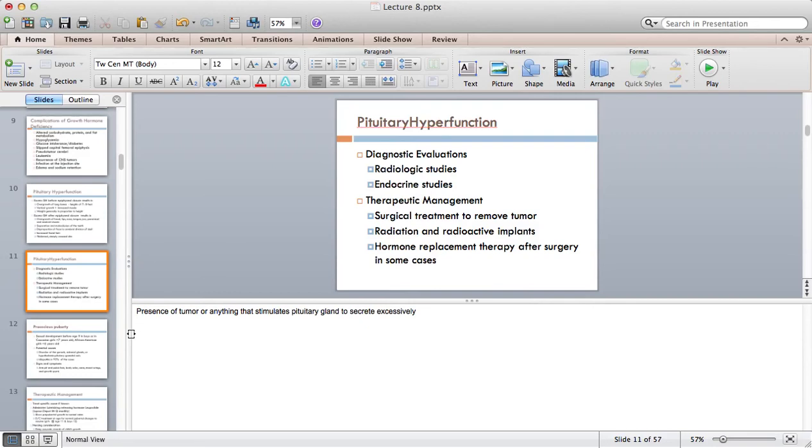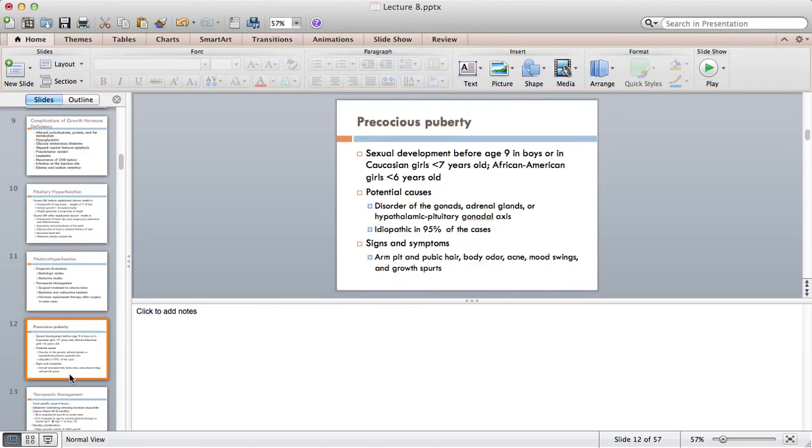So another problem with the pituitary will be when you have the disorder whereby the child develops all these sexual characteristics prematurely. You can see a child as young as 7 developing all these sexual characteristics with breasts and including sometimes menstruating at an early age.